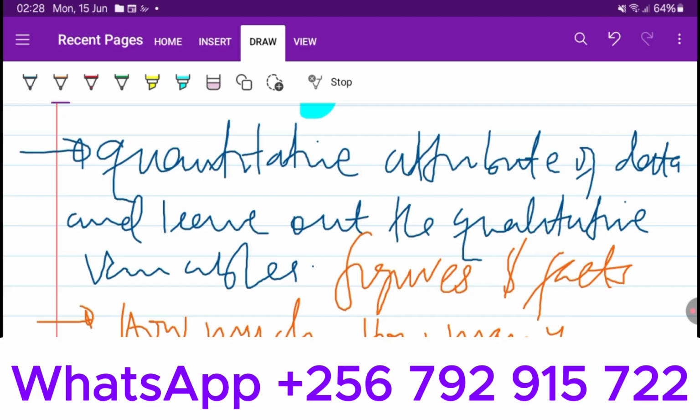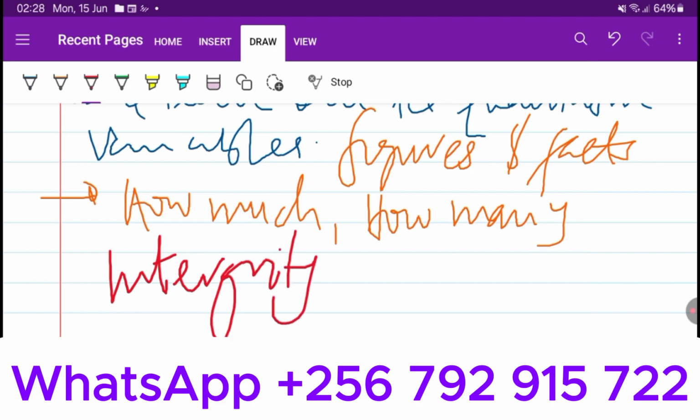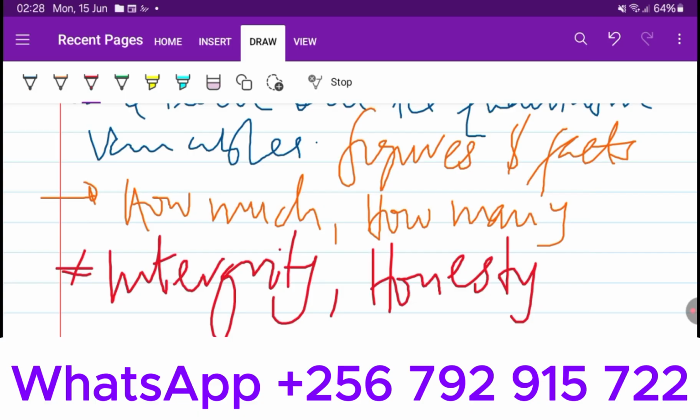Of course, the qualitative variables are the ones that cannot be expressed numerically. We can also add things to do with integrity. You can't measure the integrity of someone. You can't measure the honesty of a person. And these are things that are really important in business.